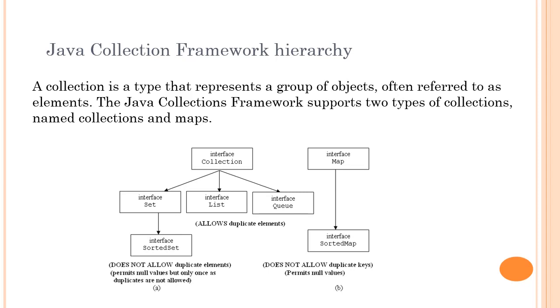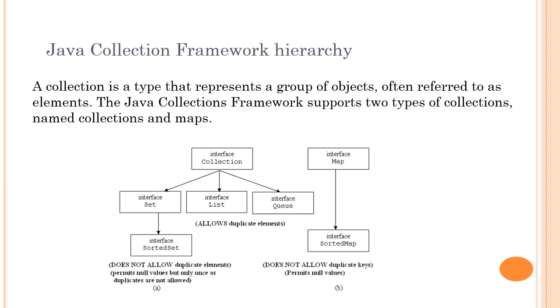In other words, a set cannot hold two equal objects. A list is defined as a sequence of objects. In contrast to a set, a list can contain duplicate entries. It also keeps its elements in the order in which they were inserted.